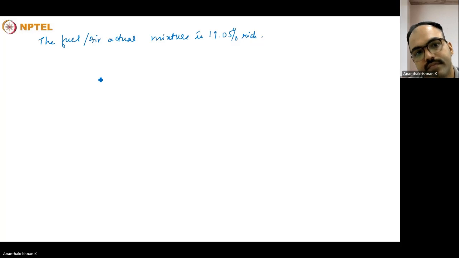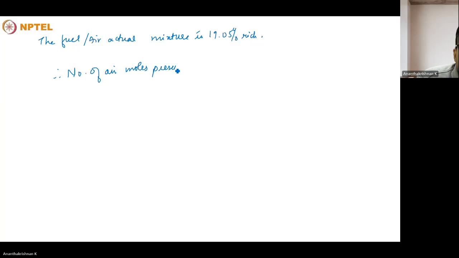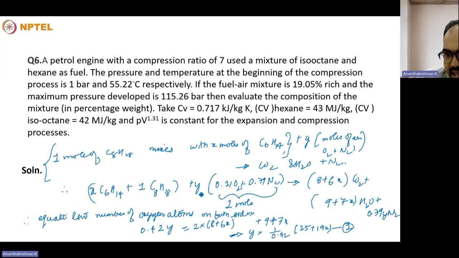Therefore the actual fuel air mixture is 19.05% richer. For the stoichiometric case, for Y moles of air there will be 1 mole of fuel, but this is a slightly richer mixture.